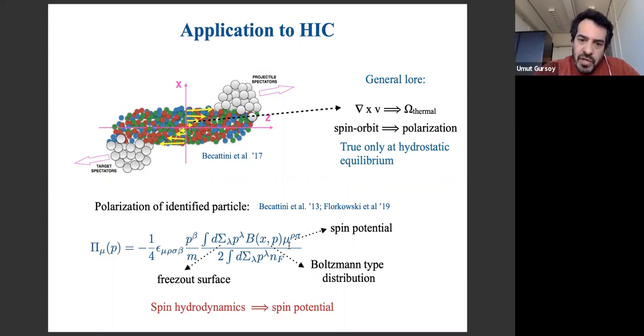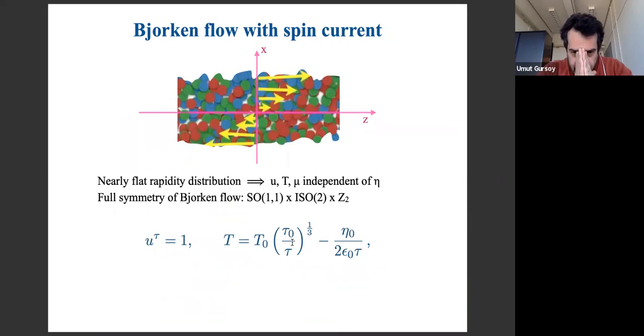In all the earlier works, essentially what has been done was, instead of spin potential, people were writing these phenomenological equations which only involve the thermal vorticity. So here we propose to write down the full equation with the spin chemical potential, and the spin chemical potentials should be obtained by solving these equations. Let me do that now. Let's simplify the problem further by assuming some kind of Bjorken flow.